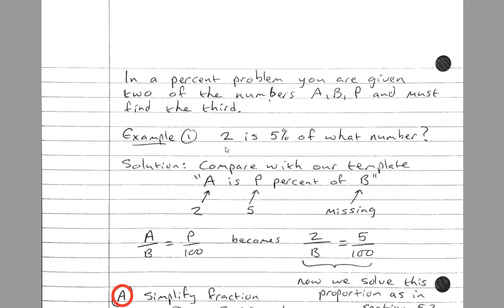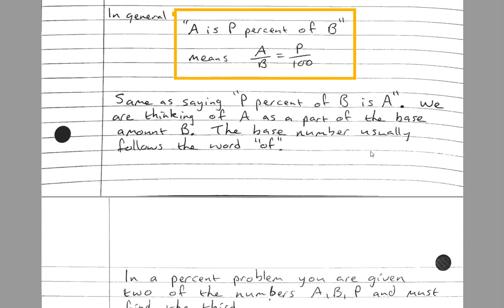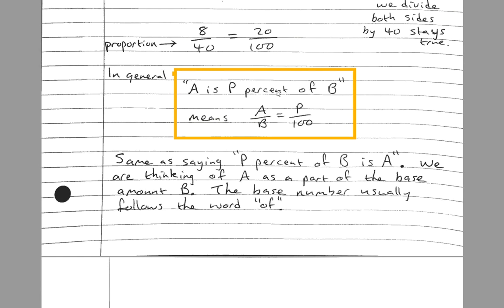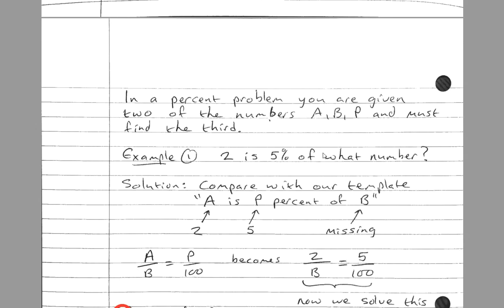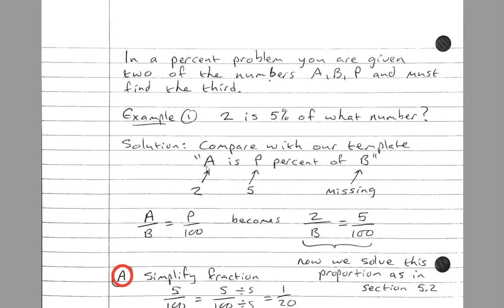Example 1: 2 is 5% of what number? This is a classic kind of percent problem. We're matching that with our template here. In this case, A is 2, P is 5, and B, the base number, is missing.